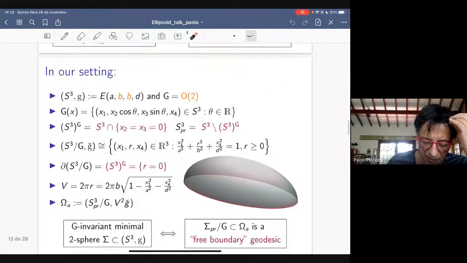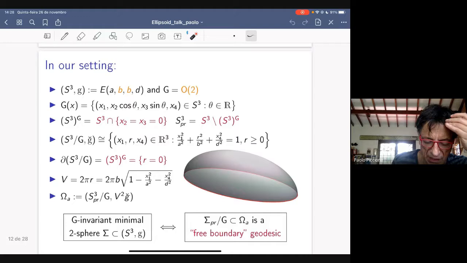So in our setting, the Riemannian manifold is the ellipsoid, so it's a sphere with this metric, and the group is O2, acting on these two variables. The orbit of a point x is given by this circle here. So the orbit of almost every point is a circle, except clearly for the points that are fixed, that is the points where these coordinates x2 and x3 are equal to 0.